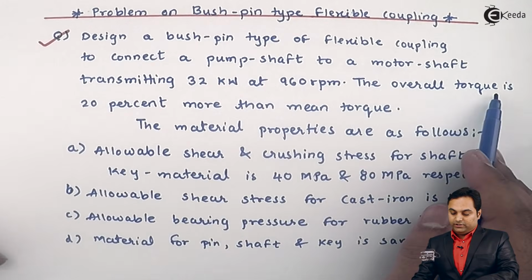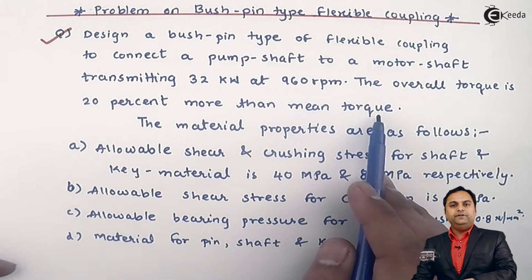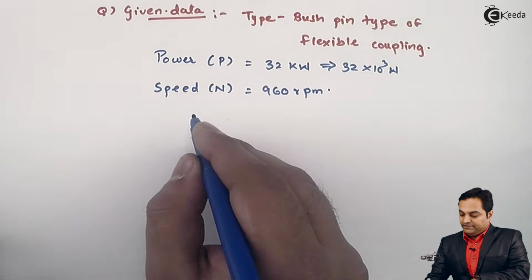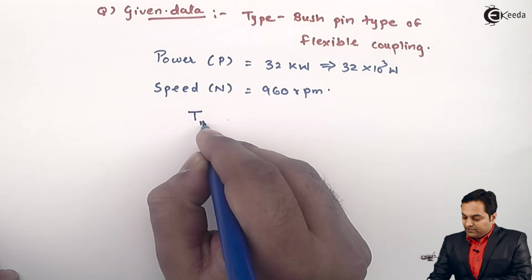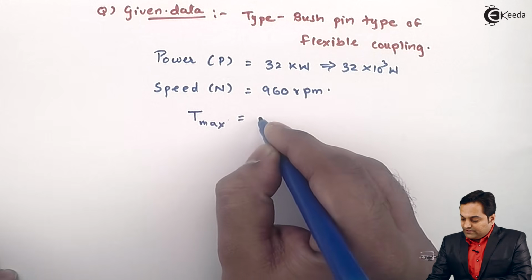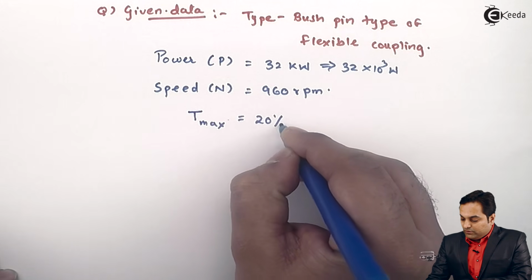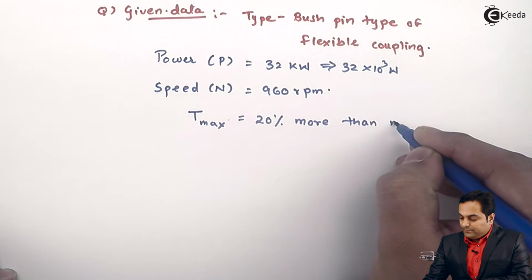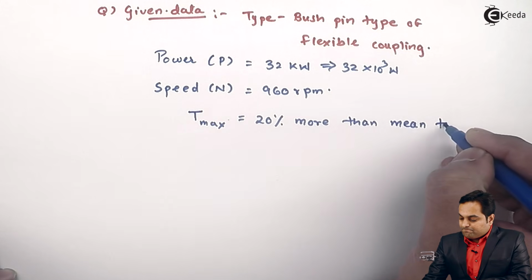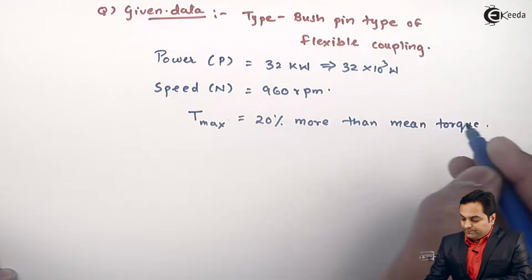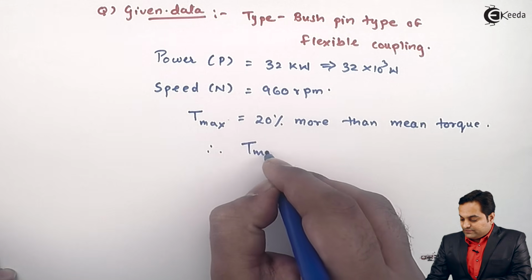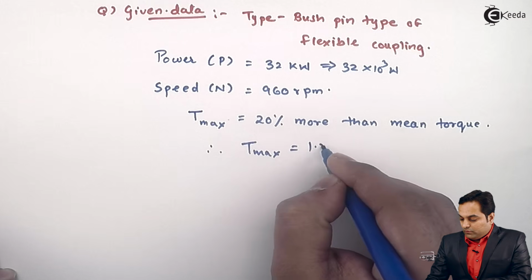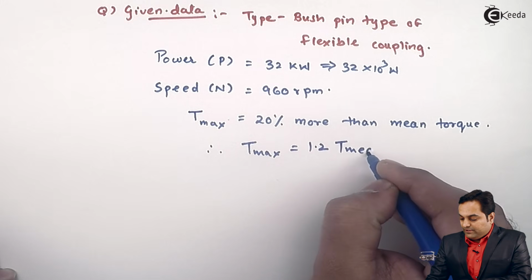Next, the overall torque is 20% more than the mean torque. So it can be written that overall torque is nothing but maximum torque, that is equal to 20% more than mean torque. So it means T max is equal to 1.2 times T mean.